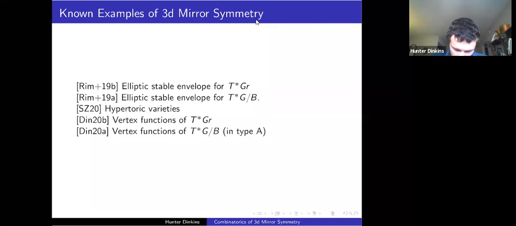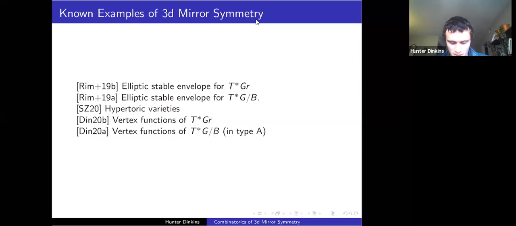And it's also been proven for T star of the flag variety in type A, which is a quiver variety, but it's also been proven by Ramani and Weber for all types. It's also been studied for hypertoric varieties by Smirnov and Zhu, and they have proven it for the elliptic stable envelope and also the statement for vertex functions.